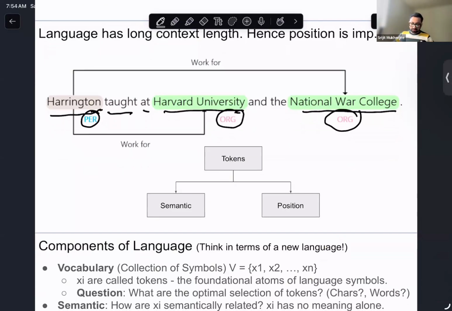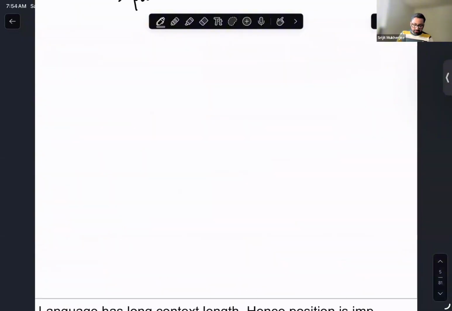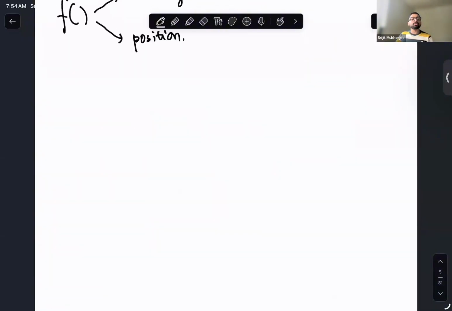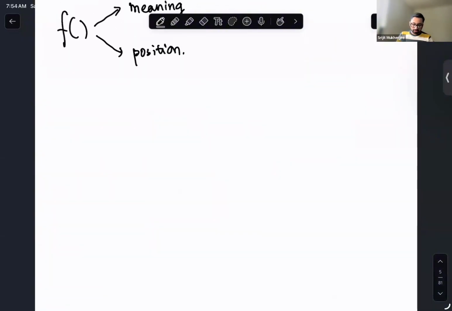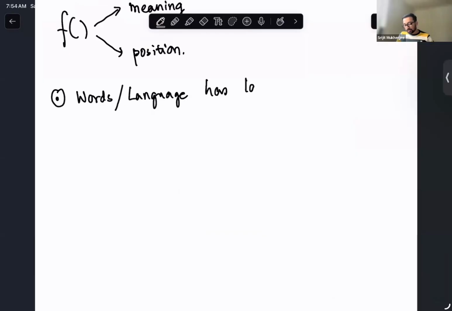So the context, so the words, this is an important thing for modeling, okay? I'm writing this down: words or language has large context length. Now, why am I very specifically speaking about this?